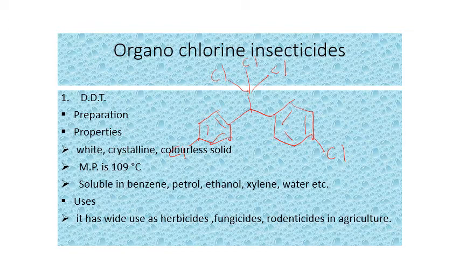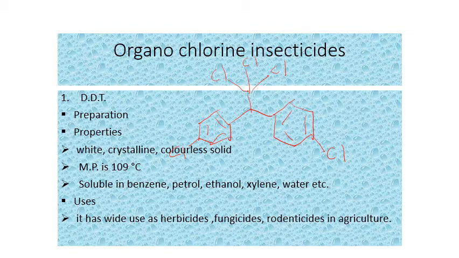Then properties of DDT: it is a white crystalline, almost colorless solid, and melting point is 109 degrees centigrade. It is soluble in benzene, petrol, ethanol, liquid freon, carbon tetrachloride (CCl4), xylene but insoluble in ether and water. The pure para-isomer of DDT is thermally stable.